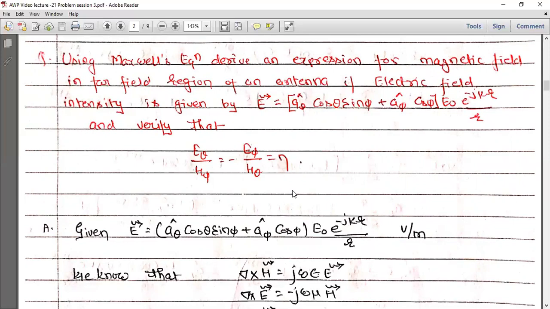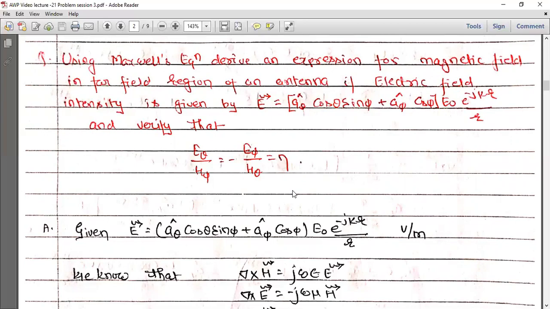It is known as the intrinsic impedance of the medium, given by root mu upon epsilon. So while finding the magnetic field phasor H with the help of this E, and then verifying the ratio, we can prove that eta is given by root mu by epsilon, and the same result will be verified.